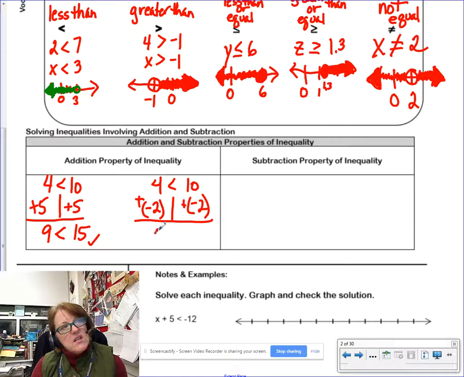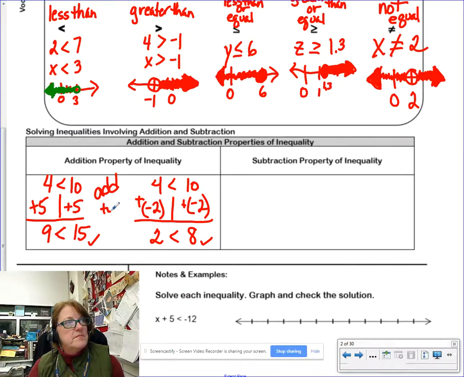Now I would get positive 2, positive 8. Is this inequality still true? Uh-huh. So what this means, you can add the same number to both sides and it stays true. Okay? Doesn't matter what you add to both sides, it stays true.